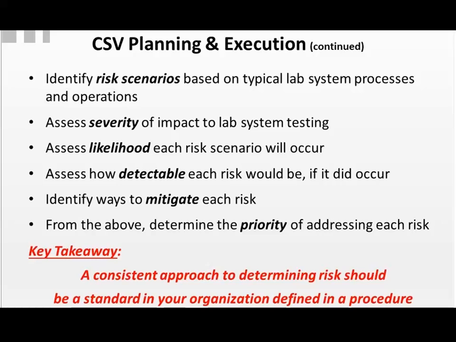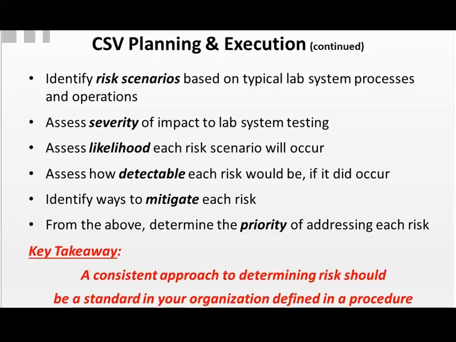So your risk approach has to be a consistent, standard way, a standard scale of measure that's relative. And you can come up with any one you want for your company, but it should be defined in a procedure for risk assessment. Or, again, it should be part of your validation plan and part of your validation procedure.